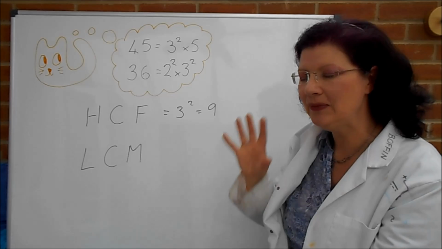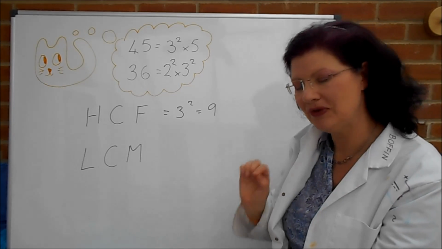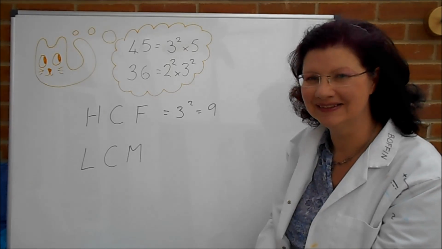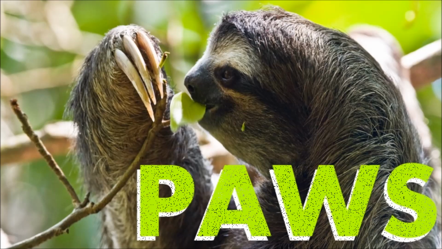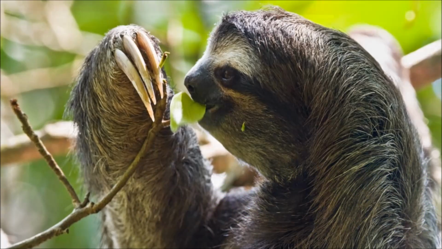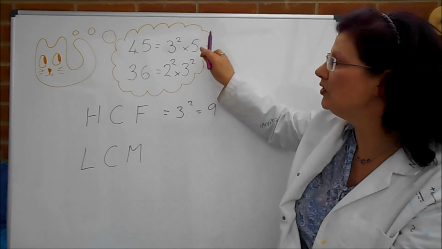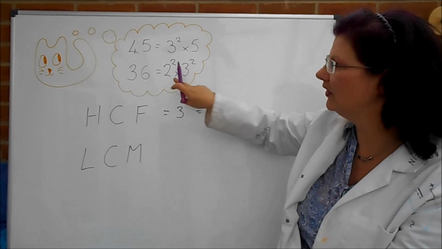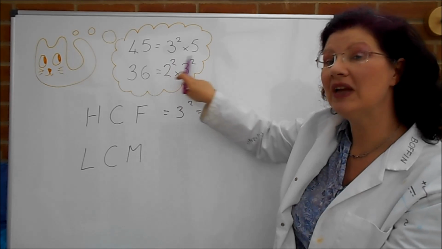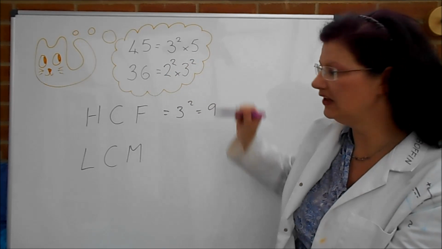So I'll leave you again with another little pause, so see if you can finish that one if you didn't get it the first time. Okay, in order to be a multiple of this, we have to have at least that in it and anything else. In order to be a multiple of 36, we have to have at least that in it and anything else.